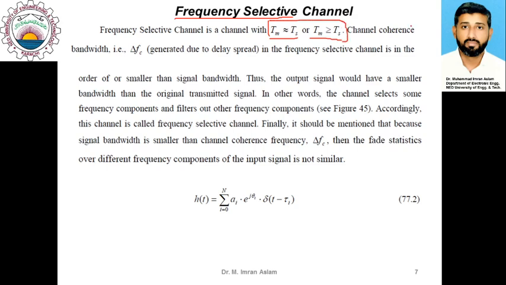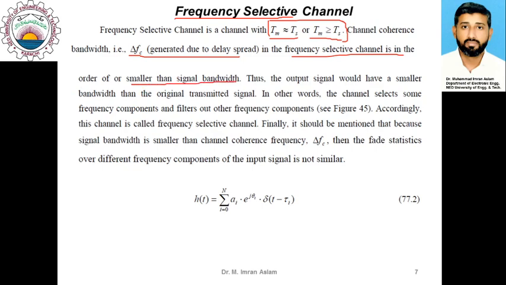In that case, the coherence bandwidth delta fc would be smaller.